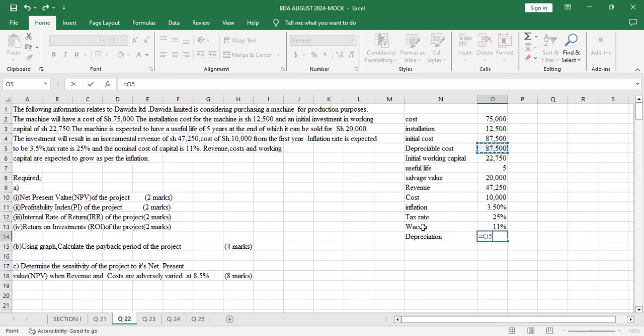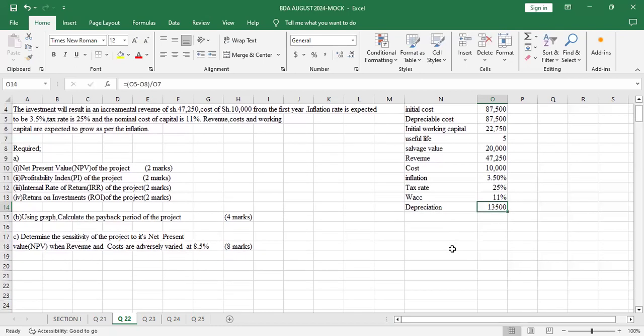Then we subtract the salvage value, then you divide by the economic life of the machine, which is 5 years, the useful life. Yeah, so you'll get a depreciation of 13,500 for every year for the 5 years.